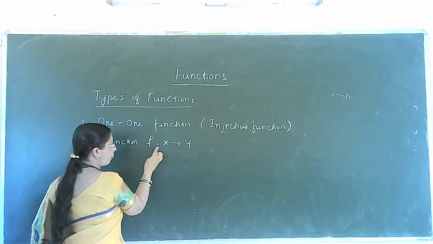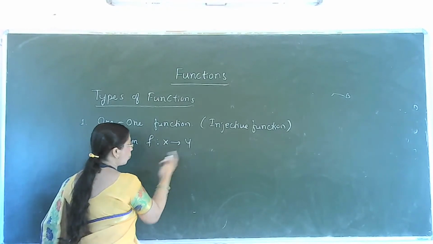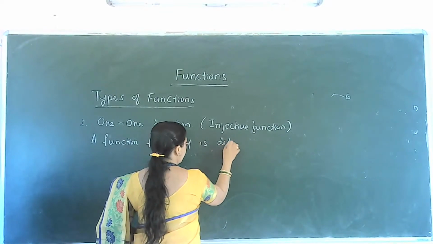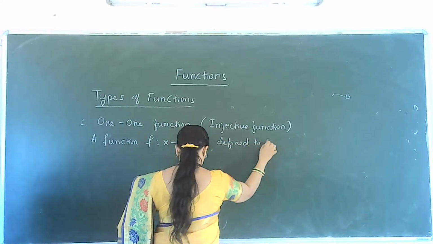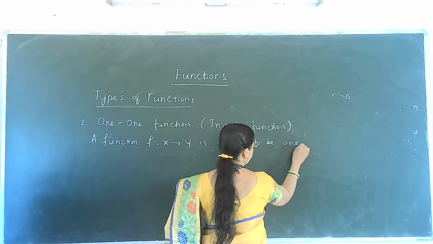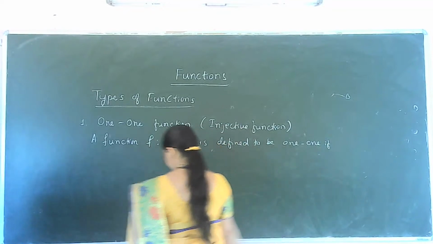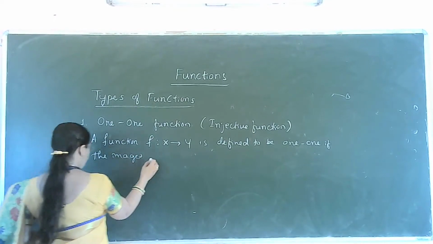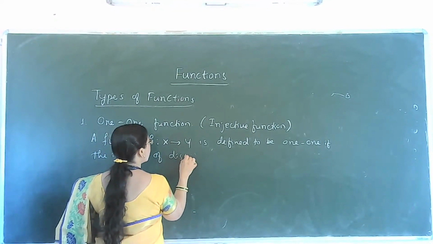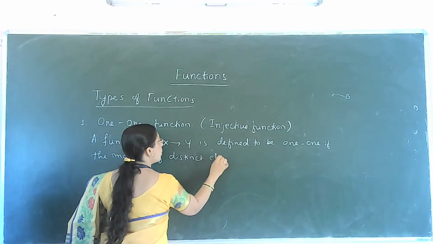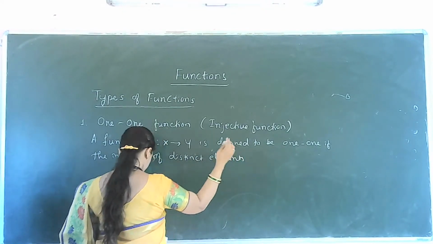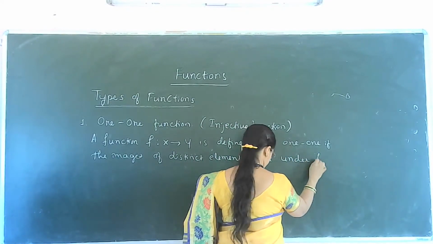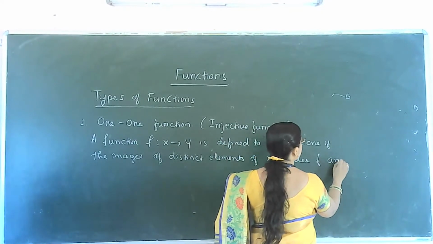A function f from X to Y is defined to be one-one if the images of distinct elements of X under f are distinct.